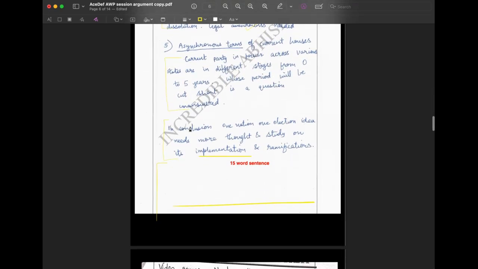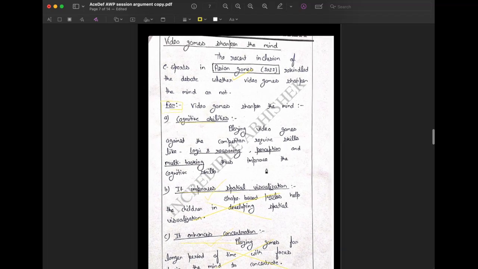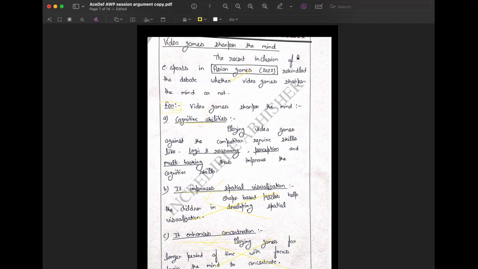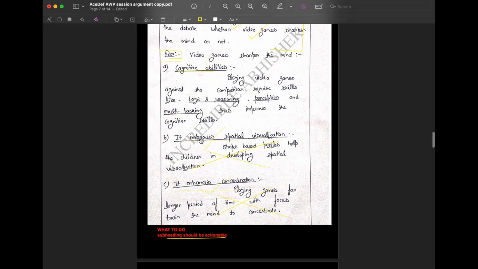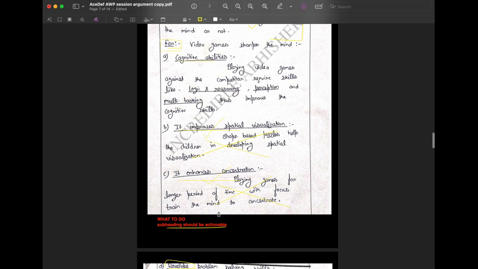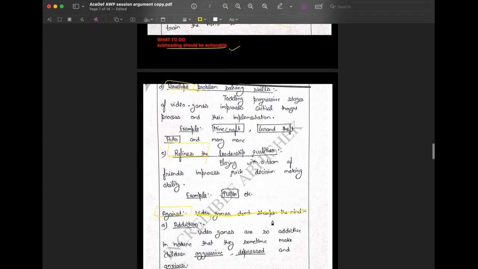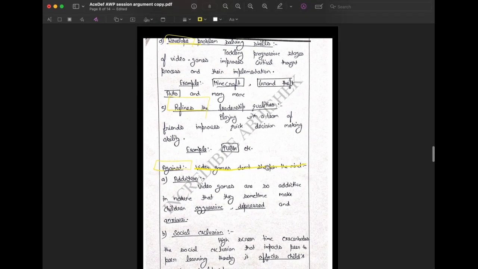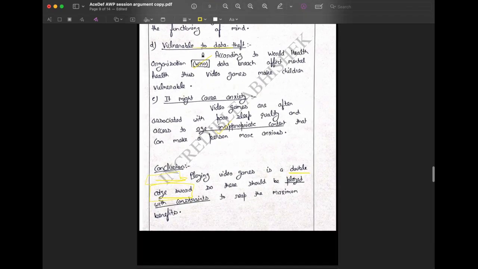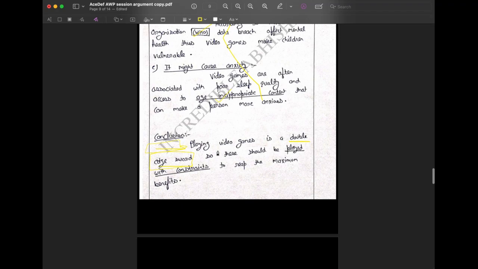You have your points, you have a single line conclusion which you can repeat and learn from the PYQs and from the topper copies. Again, in the starting line, you can either bring out the dichotomy or tell why the question was asked. Actionable subheading should be given. I have explained this in ample depth in the previous part. Then you can box important things, you can underline the things so that the examiner may straight away jump to what is required.